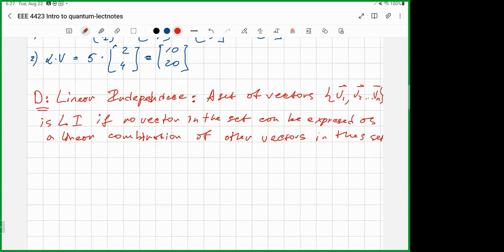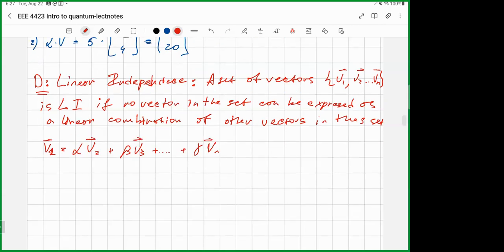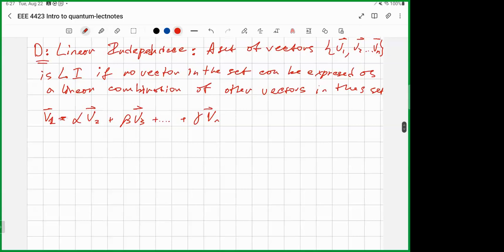So we cannot, for example, write v1 as alpha v2 plus beta v3 plus, etc., up to some gamma vn. In this case, this vector v1 would be linearly dependent.